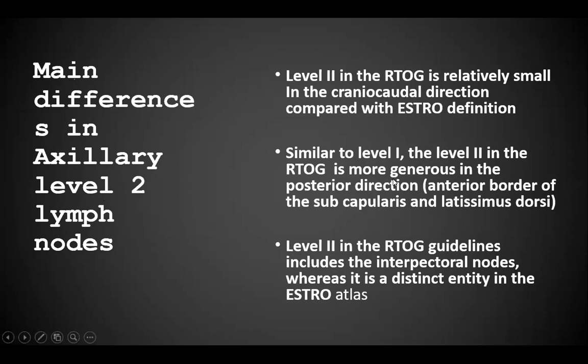Similar to level 1, RTOG is more generous posteriorly compared to the ESTRO guidelines. And in the ESTRO guidelines, level 2 has a separate entity called the interpectoral group, whereas RTOG generally includes these interpectoral groups as a part of the level 2 nodal station.